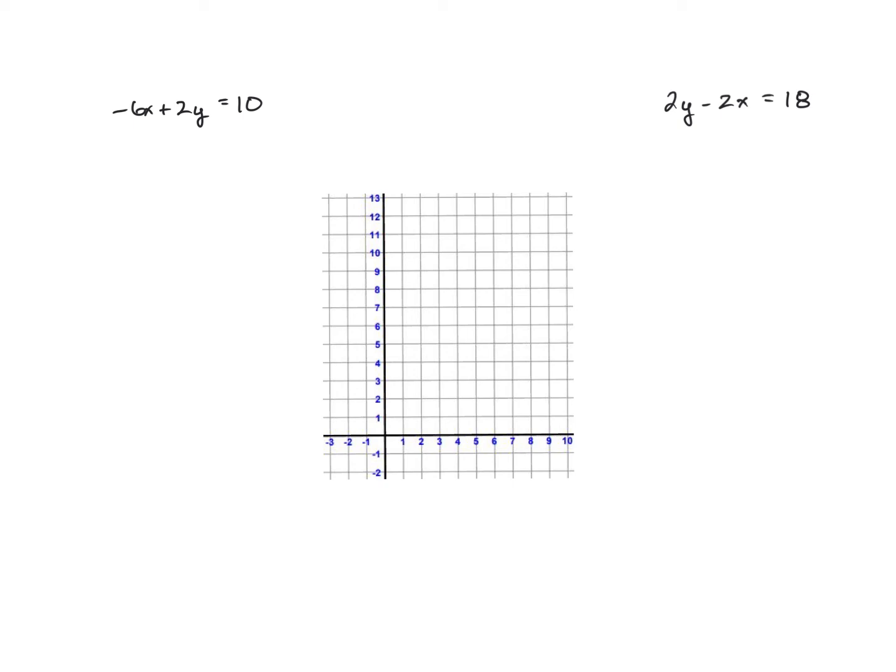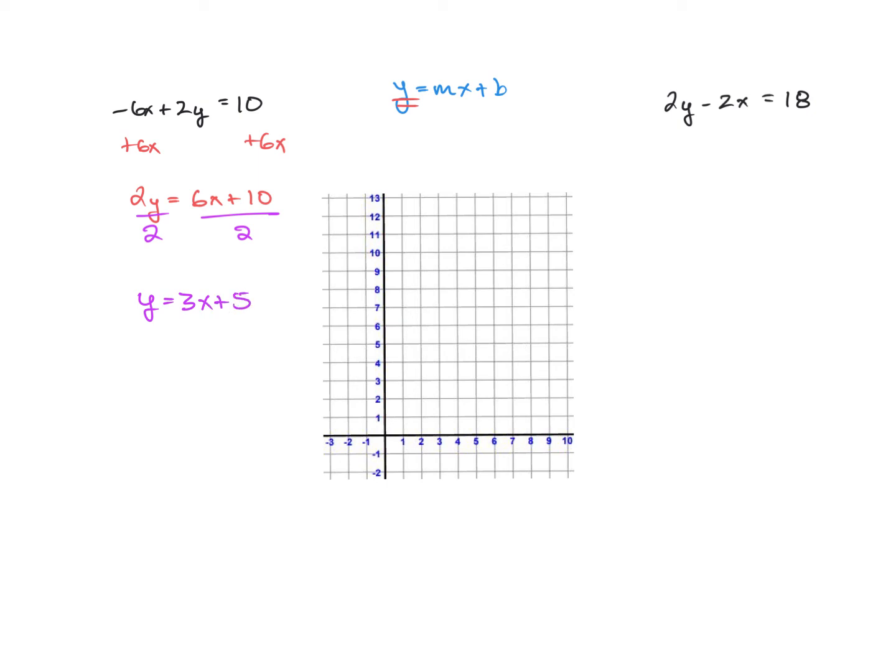But first what we need to do is get that y equals mx plus b setup from before. So a little bit of algebra, another added step. We add 6x to both sides, with the intention of getting y by itself. And then we divide both sides by 2. We get y is equal to 3x plus 5.